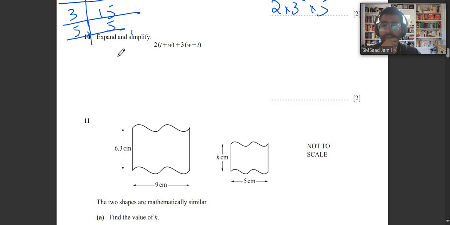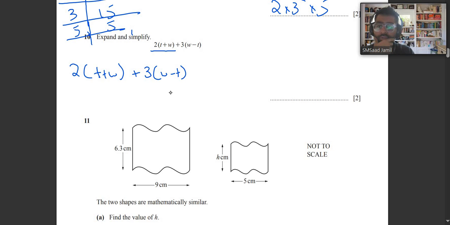Now it says expand and simplify. Okay, so first we have to expand this to multiply by t plus w plus 3 w minus t. So 2t plus 2w, because we multiply 2 with both the numbers, plus 3w minus 3t.